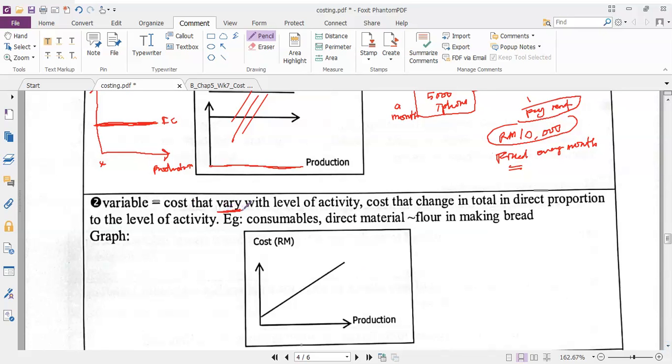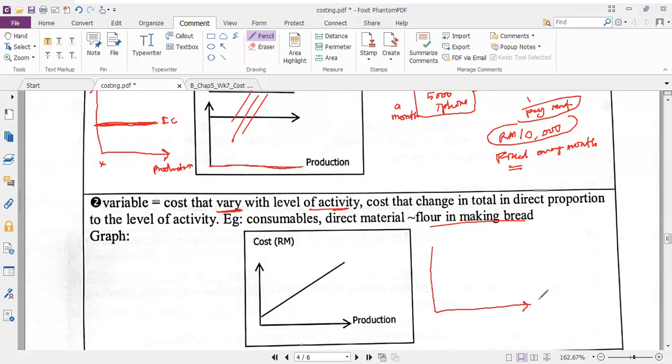Costs that change in total in direct proportion to the level of activity. Direct proportion means that if your production increase, the cost will increase. For example, consumable direct material like flour in making bread.